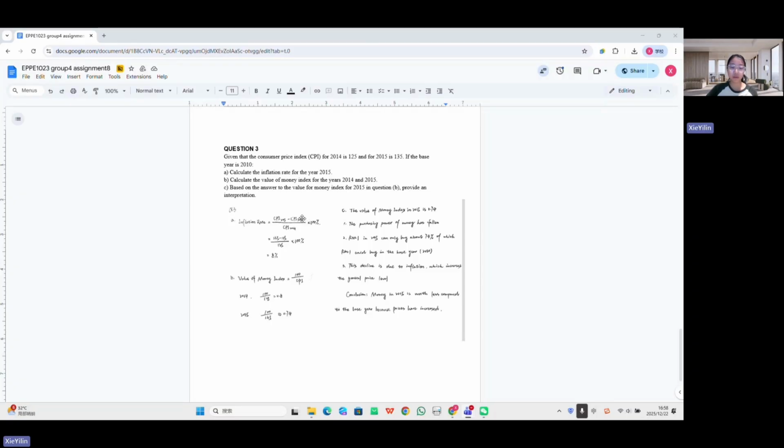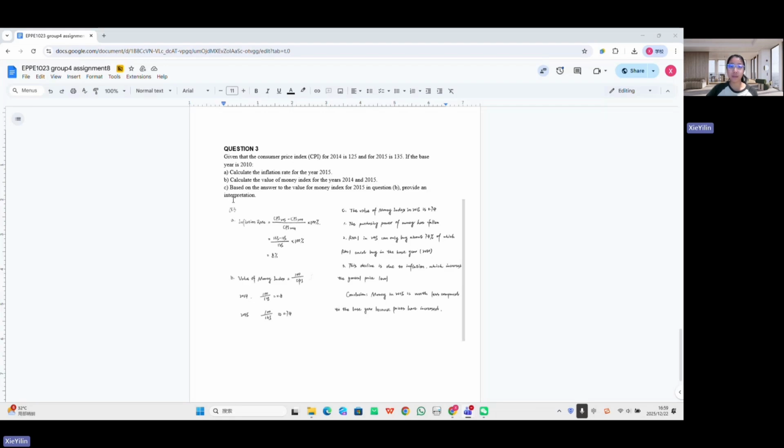We know the formula is 100 divided by CPI. In 2014, the value of money is 0.8. In 2015, the value of money is approximately 0.74.